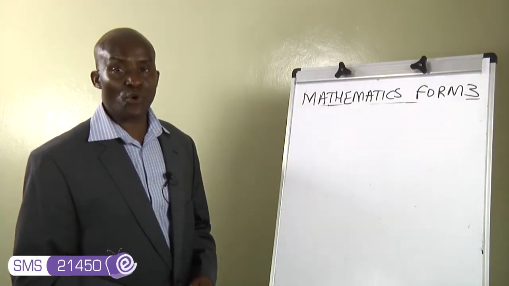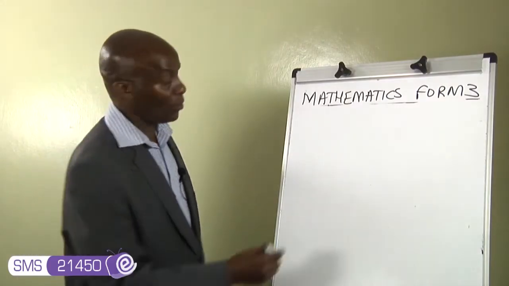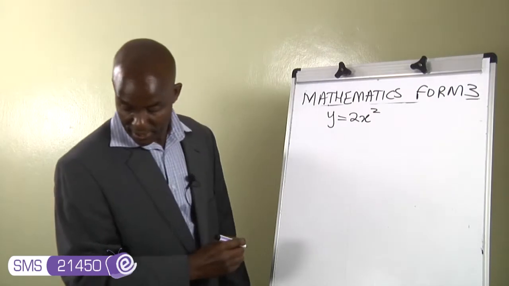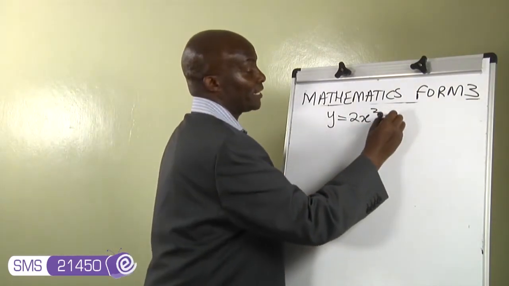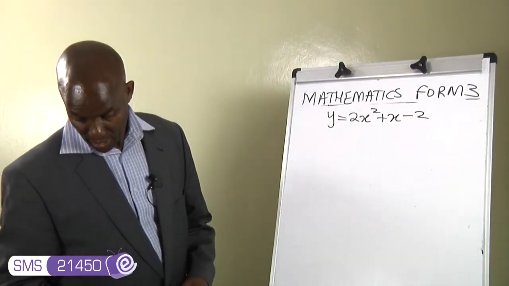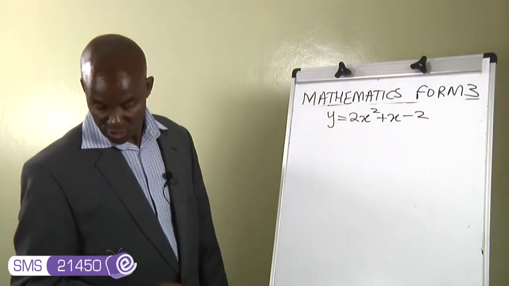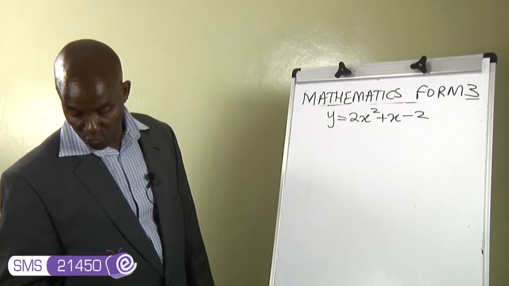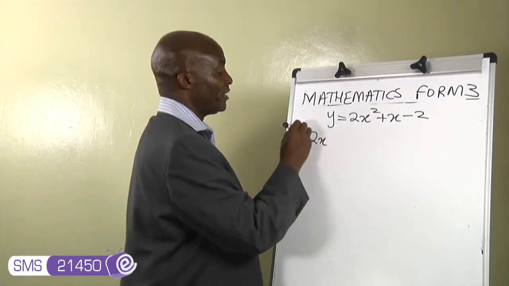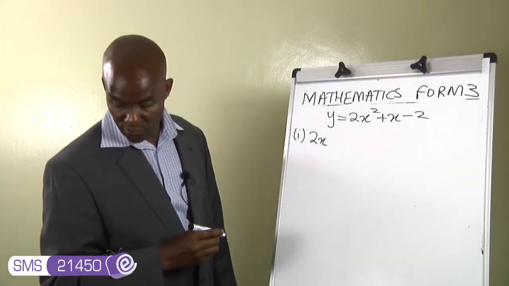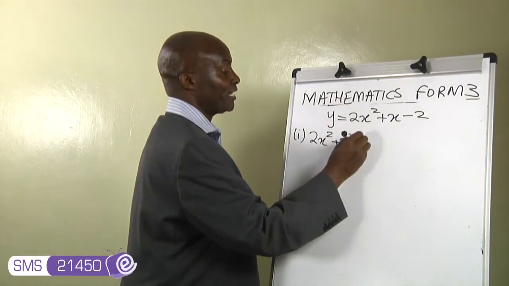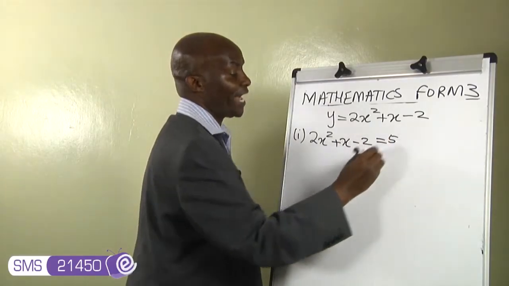You are told to draw the graph of y equals 2x squared plus x minus 2, and use it to solve the equation 2x squared plus x minus 2 equals 5.